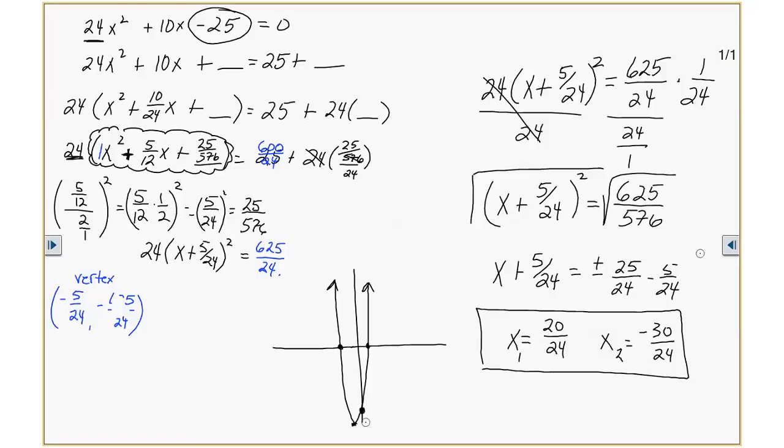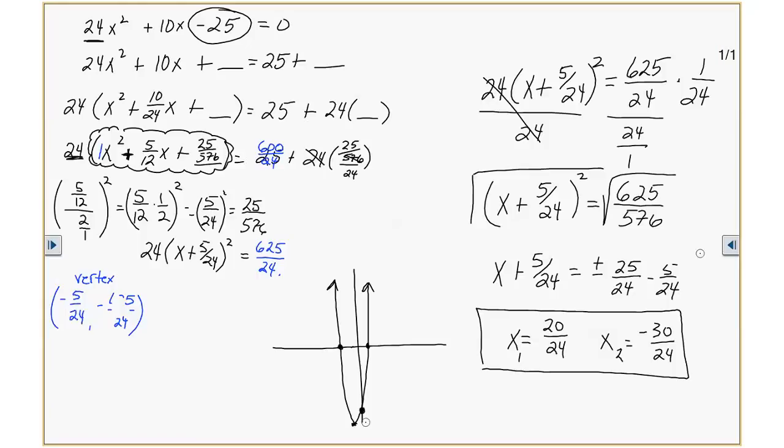But if you follow the directions precisely and do exactly what they say and factor out 24 and then factor it and then get your 2 x-intercepts, then when you're supposed to know how to do all this, you won't know it. So that's why I do complete the square with every single trinomial that I do.